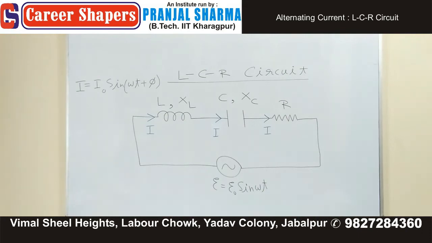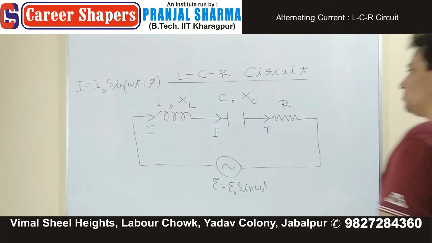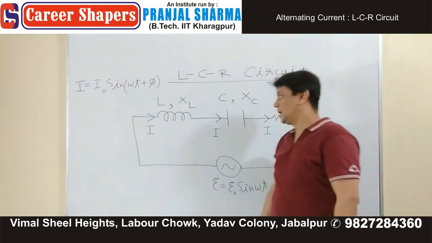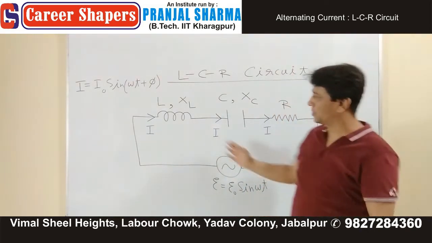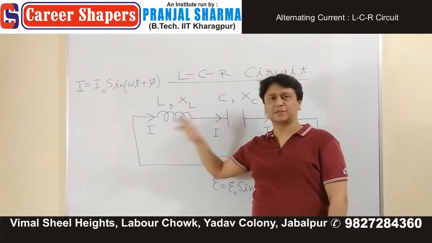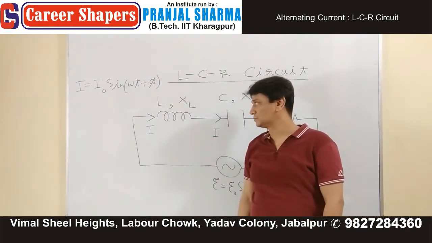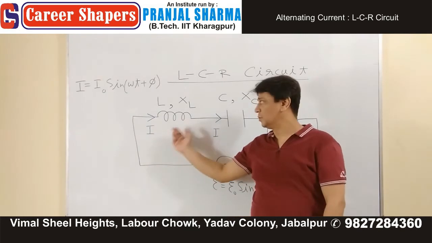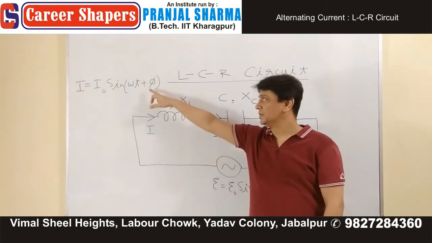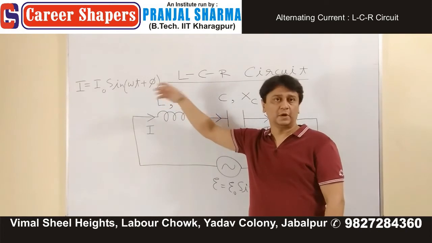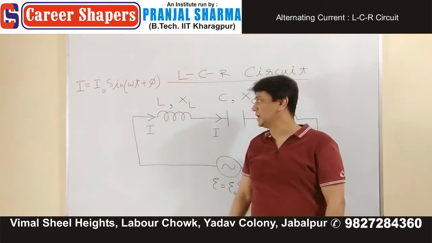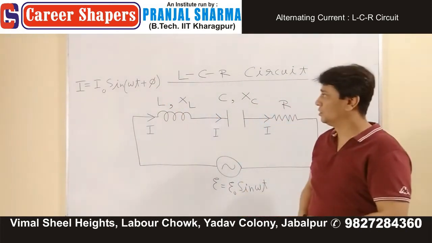It was 90 degrees, or pi by 2. And if this and this are not present, only this is present, something we did in this lecture only, then when only L is present, this phi is minus 90 degrees, minus pi by 2.